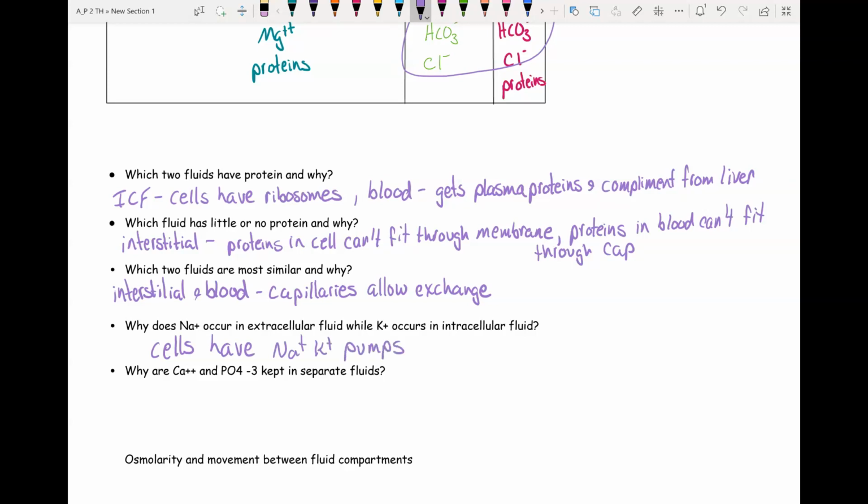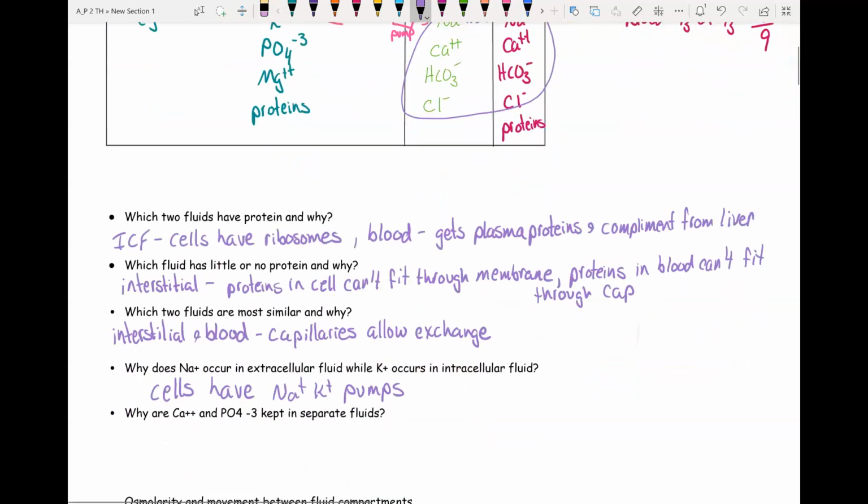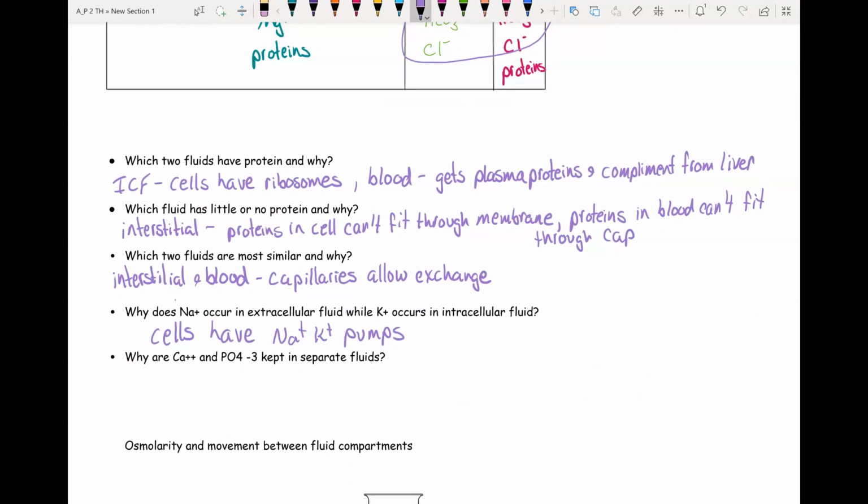And just to point out, most of your potassium is inside here, and most of your sodium is outside. Not all. There is a little bit of sodium in cells. There is a little bit of potassium in extracellular fluid. So this is most, but not all.